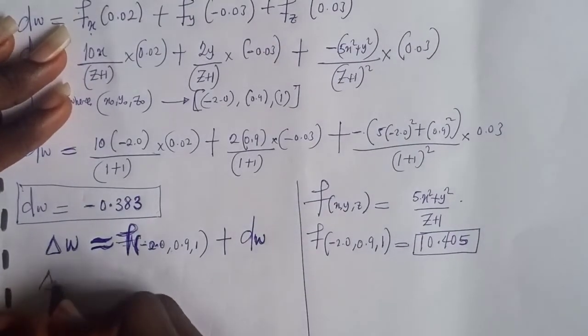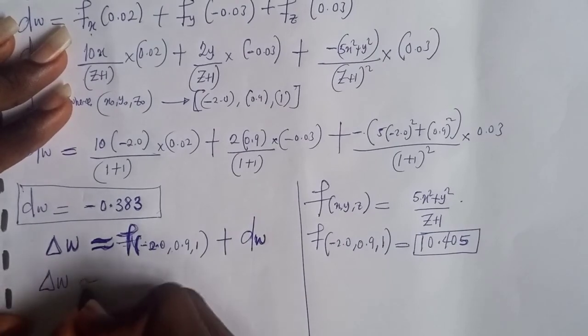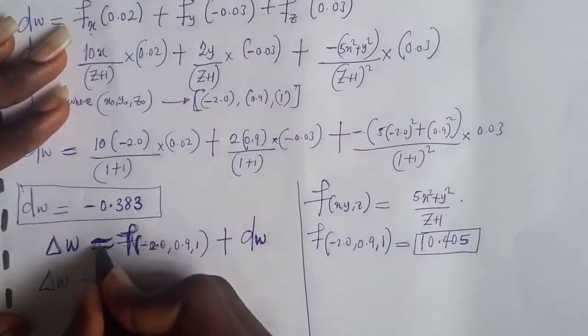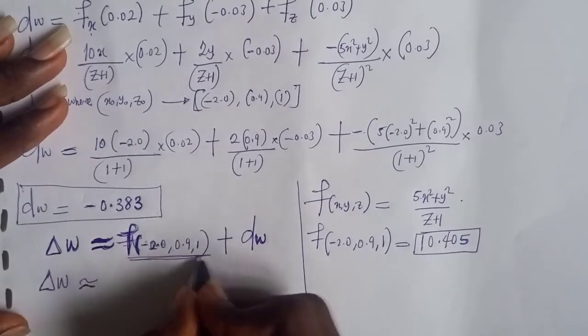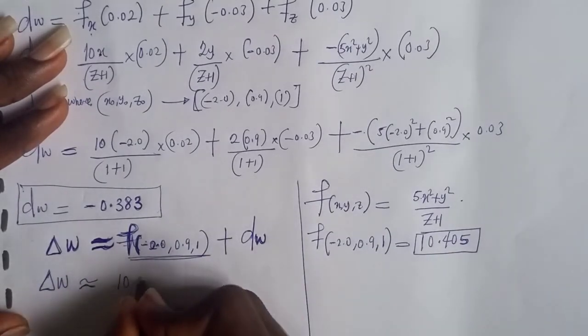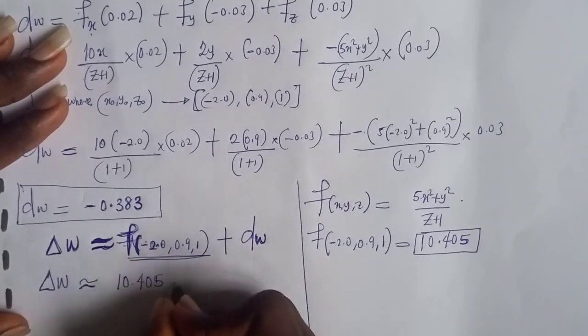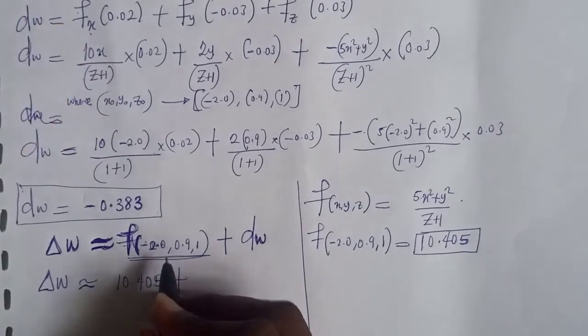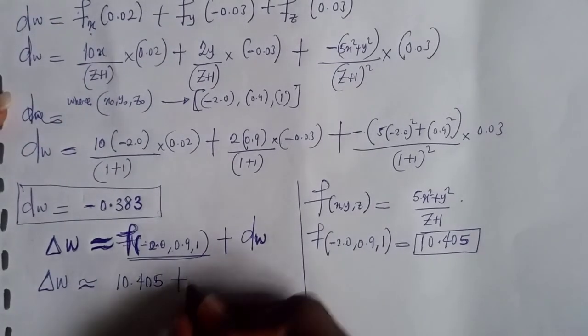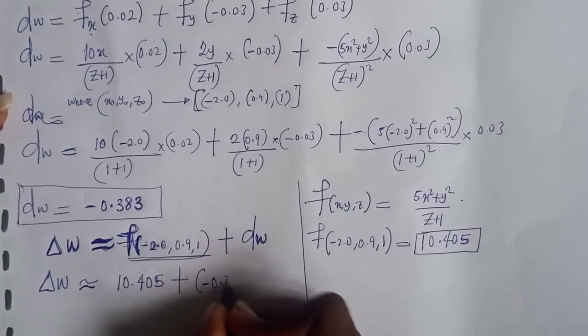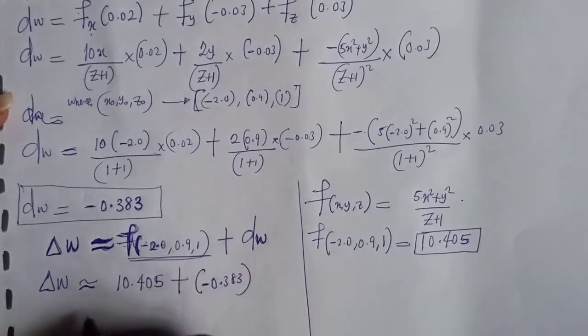So just come here and say that the approximate for the expression given to us in the question should be this result, which is 10.405, plus the W that we have here. And the W is minus 0.383.